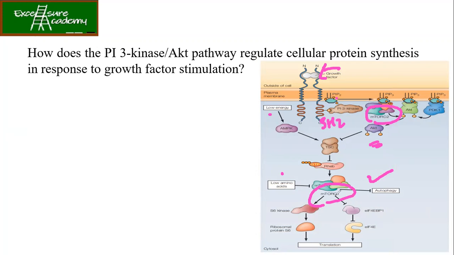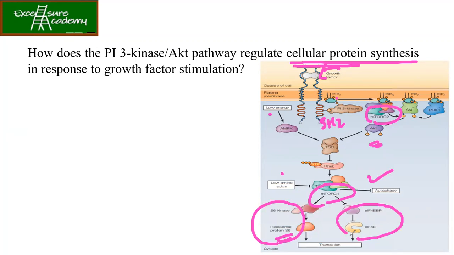Now it is going to activate S6 kinase, which is meant for the ribosomal protein S6, and EIF4E, which is the eukaryotic initiation factor for translation. So if they're asking about cellular protein synthesis, you need to mention the S6 kinase and the EIF4E pathway. This is responsible for your protein synthesis.